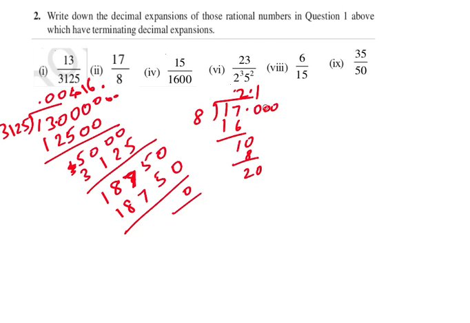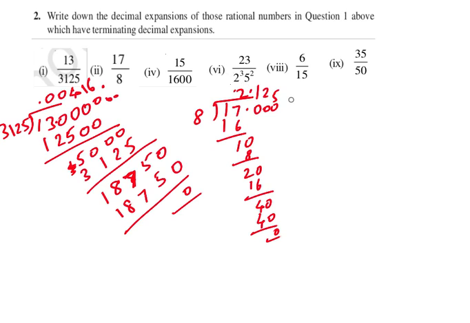So that 1 0 if you bring, 2 8s are 16 and 10 minus 6 is 4. You can bring 1 0. 5 8s are 40. So it is terminating, 2.125. If you divide those numbers, we will get a terminating decimal expansion. Try to do and see all those problems.